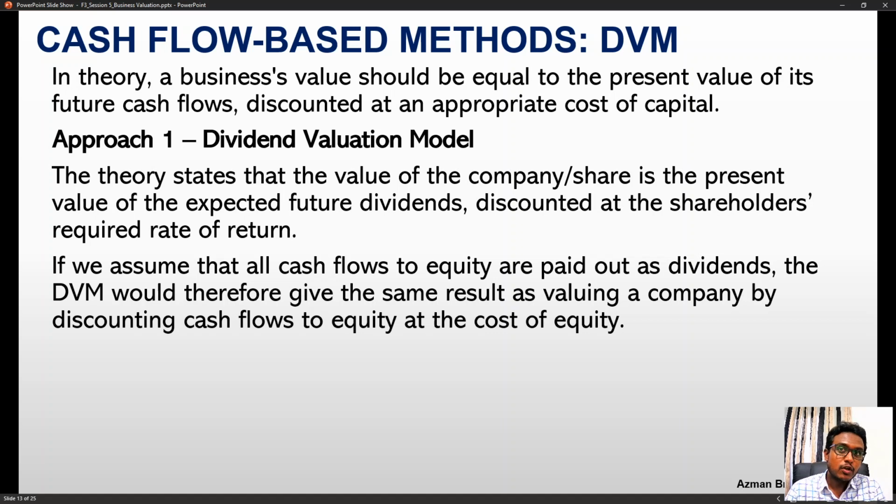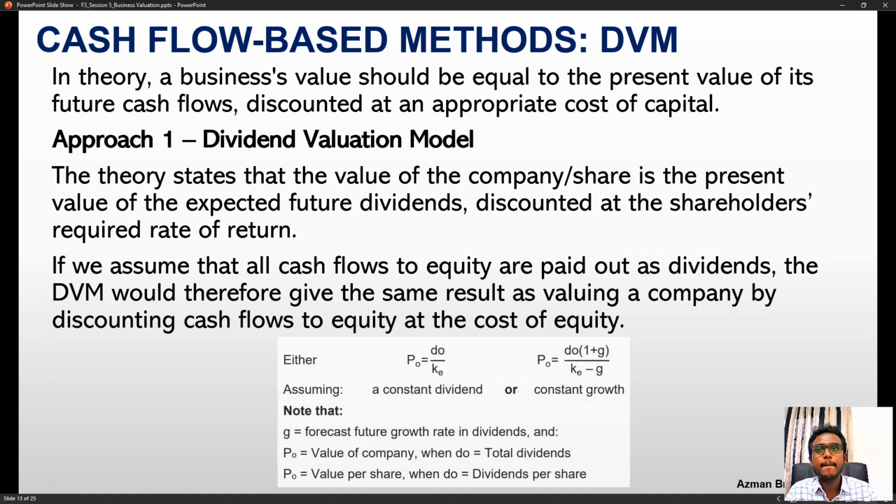If we assume that all cash flows to equity are paid out as dividends, the DVM would therefore give the same result as valuing a company by discounting cash flows to equity at the cost of equity. That is assuming that all the cash flows to equity are paid out as dividends, so you're really not doing anything different. You're either discounting the dividend or discounting the cash flows to equity at the cost of equity.